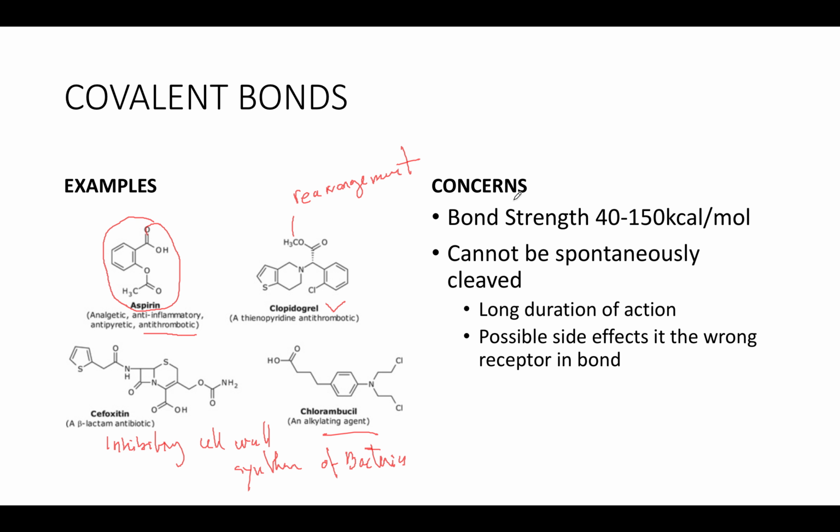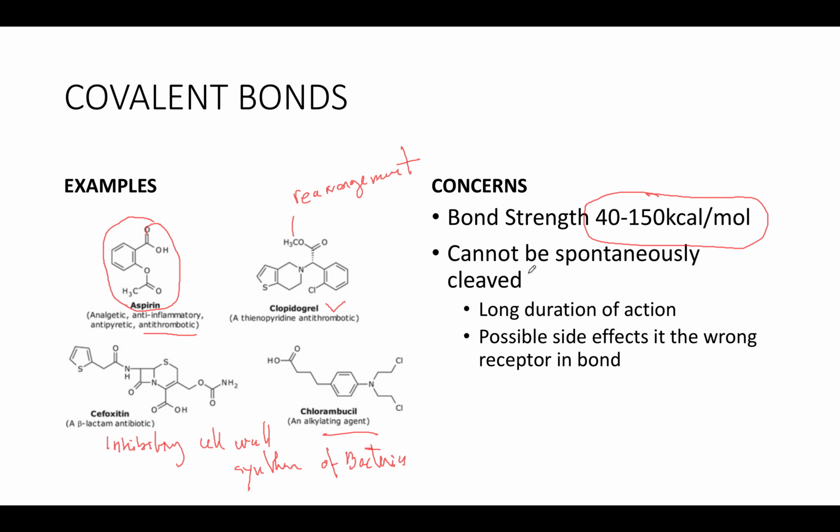So the main concern with covalent bonds is that they have a really high bond strength, and so when something has such a high bond strength, the action of the drug cannot be spontaneously reversed. So if you have, for instance, an interaction between ions, those interactions can be reversed.